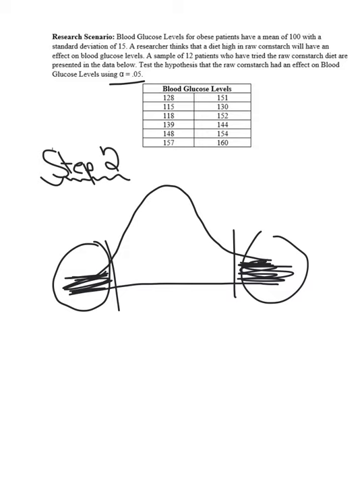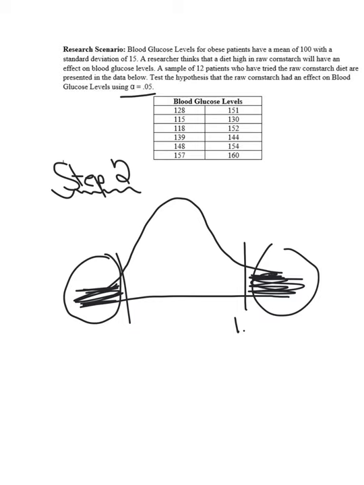Okay? So basically right here is 1.96, and right here is negative 1.96. So it's very important that you provide me both the lower boundary and the upper boundary when it's 2-tail.